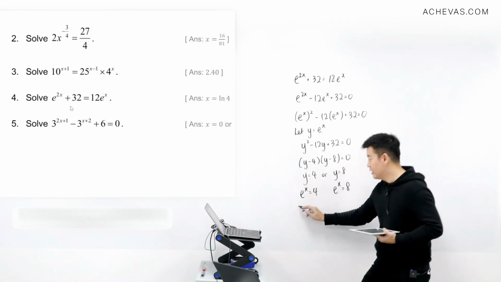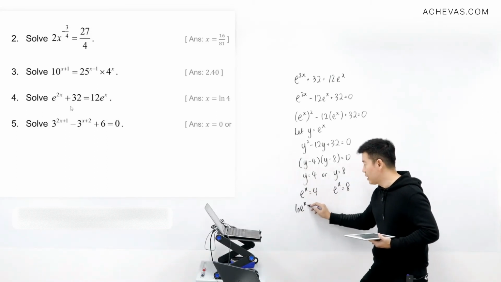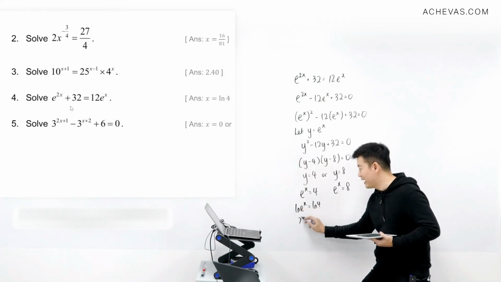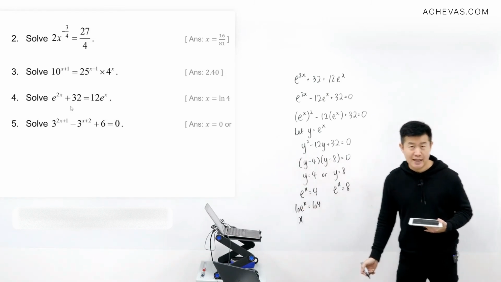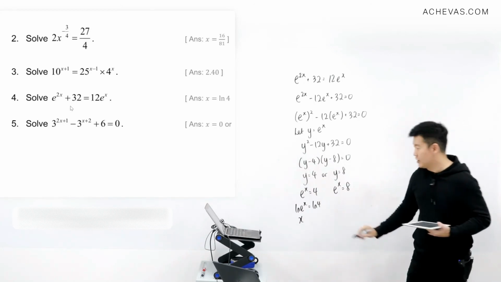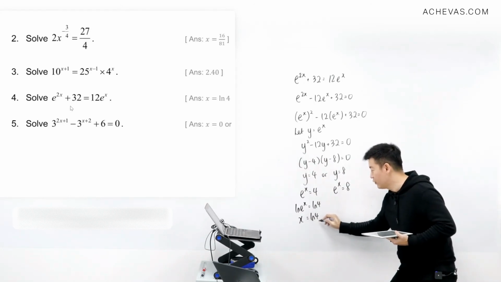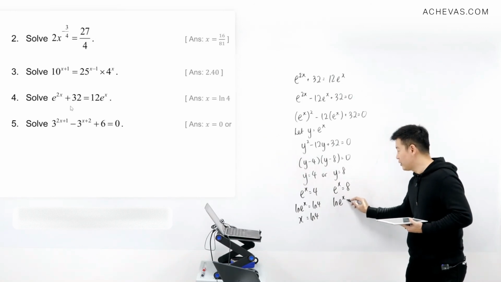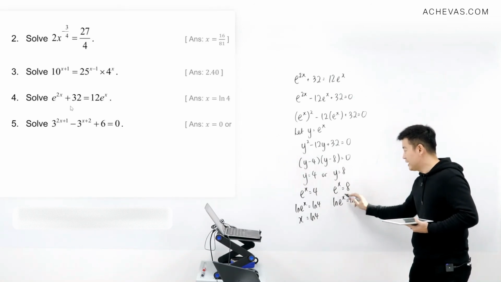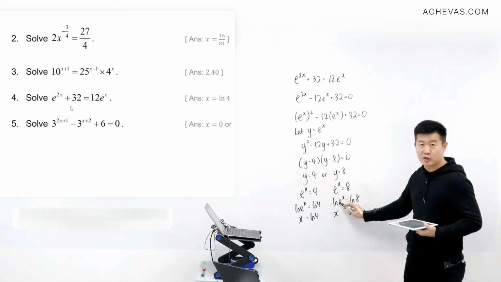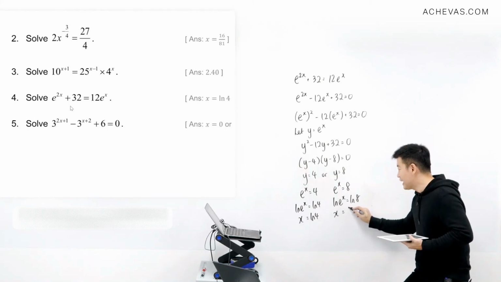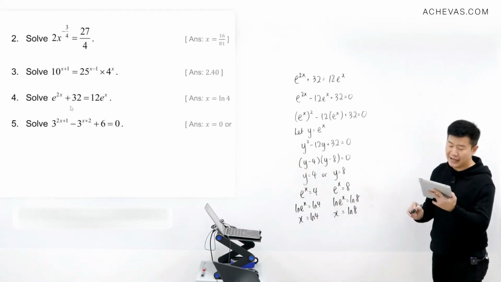So ln of e to the power of x is equal to ln of 4, which means that if I bring x forward, I will be left with ln e, and ln e is 1. So x is equal to ln 4. I'm going to do the same thing for the other one. ln e to the power of x is ln 8. x, I can bring forward, it will be multiplied to ln e, and ln e is 1. So x is going to be equal to ln 8.